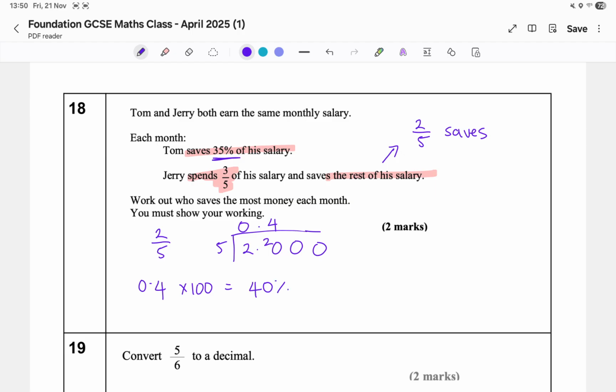So that's how much Jerry saves. So we can see if Jerry saved 40%, Tom saved 35%, we know Jerry saves more. Jerry saves more than Tom. So make sure you always write your reasonings.